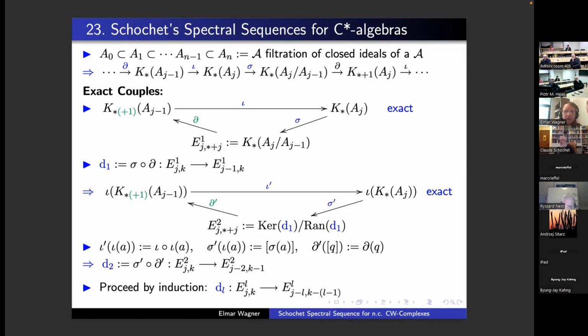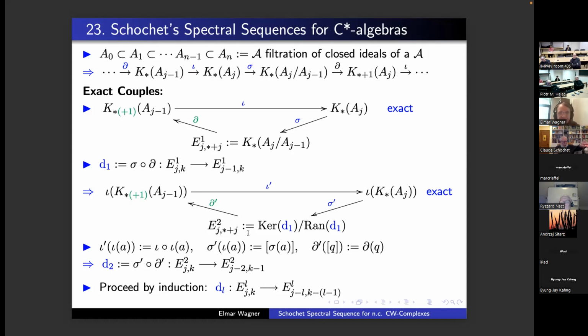If we want the quotient on an image, we take the quotient of the original element, and that will be in the kernel of D1 by exactness. So we have an element in the homology, and taking the boundary map and then applying I gives us a 0. So we're still in an exact couple.